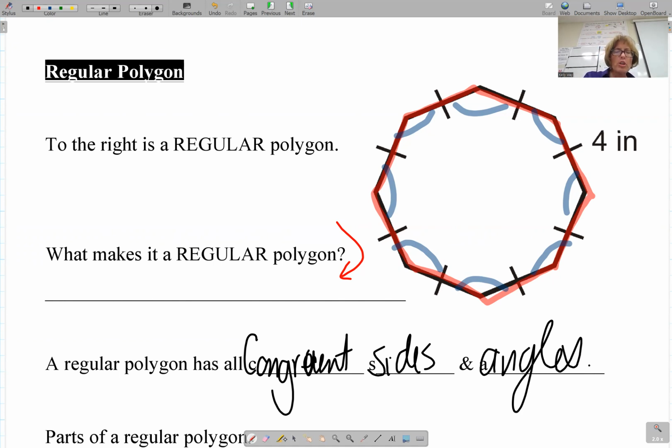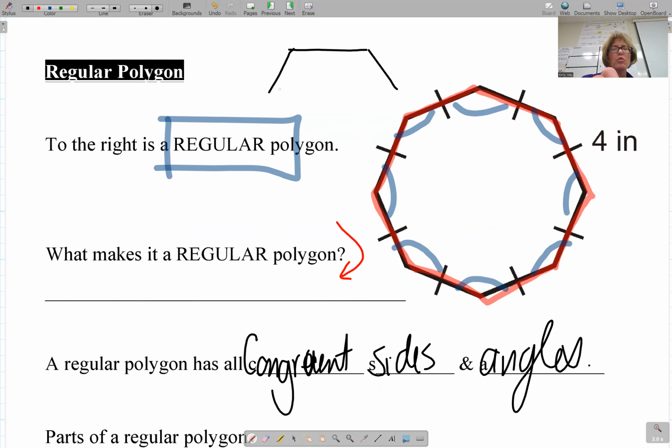So everything we're going to do for the next 10 minutes only works with regular polygons. It doesn't work for non-regular polygons. To give you an example, a non-regular polygon would be something like a trapezoid. It does not have all equal sides or all equal angles. So it only works for regular polygons.